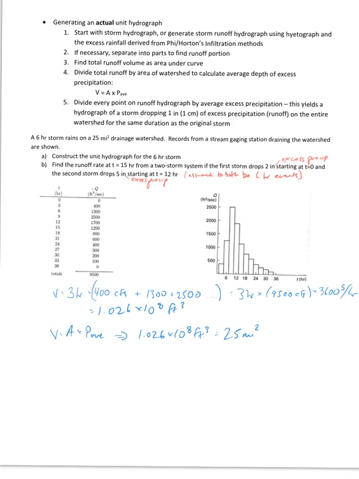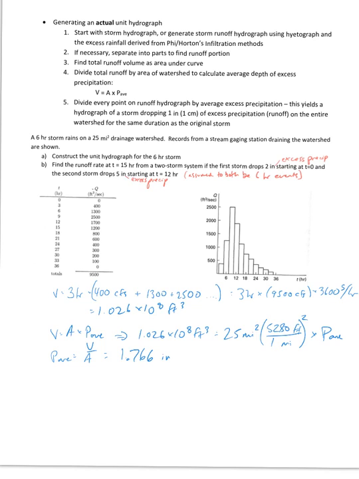We want to get this into square feet, so we multiply by 5,280 feet per 1 mile, and then square that, times P average. Solving for P average, P average equals V over A, and I get 1.766 inches.